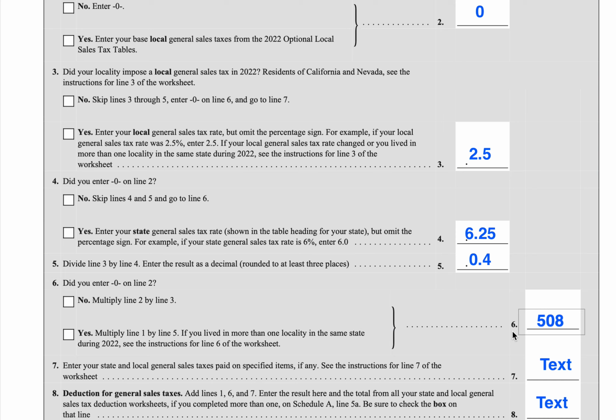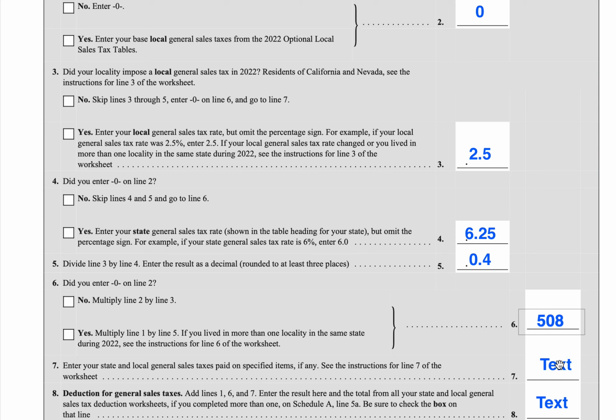So basically, if your state law says that you're paying sales tax for home-related improvements directly and not through your contractor, you would enter any specified sales taxes paid on those items.